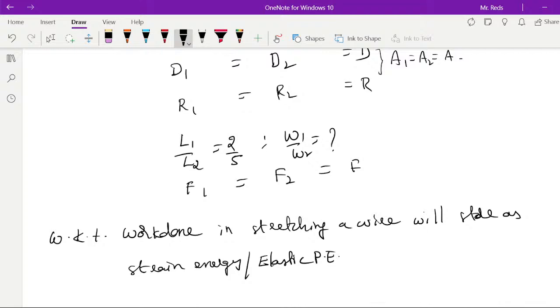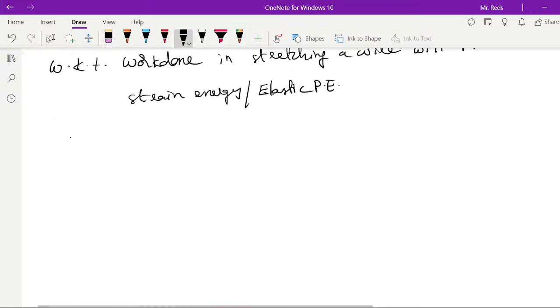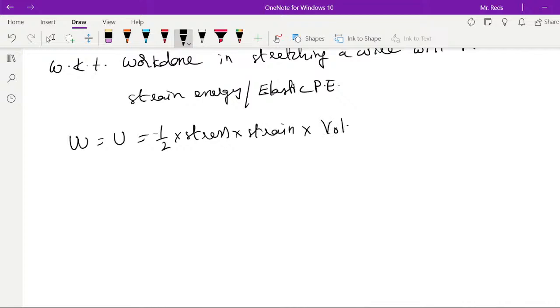So as we know, elastic potential energy or strain energy or work done in stretching a wire, W, is equal to half into stress into strain into volume.